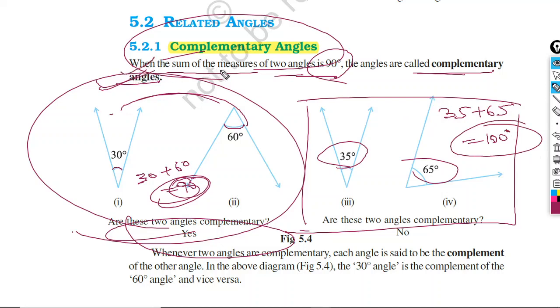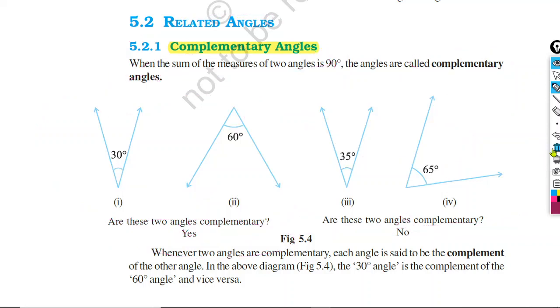The sum of the measurement of two angles must be 90 degrees, then only we can call them complementary. Now the sum is 100 degrees. Can we call them complementary? No, we can't. So they are not complementary, and the first one, 30 and 60 degrees, they are complementary. I hope you have learned what complementary angles are: only if the sum of the measurement of two angles is 90.